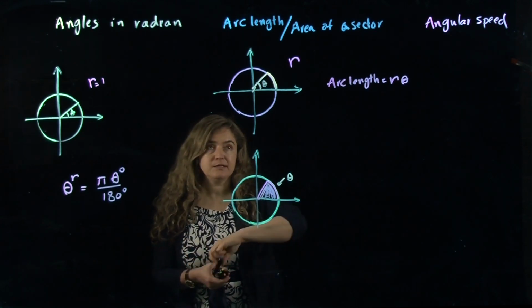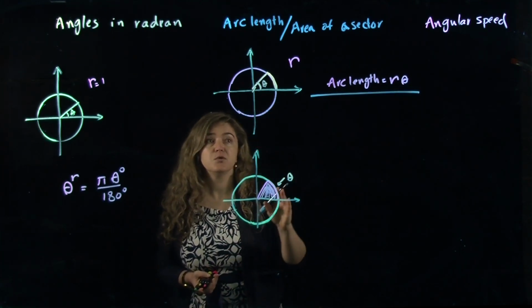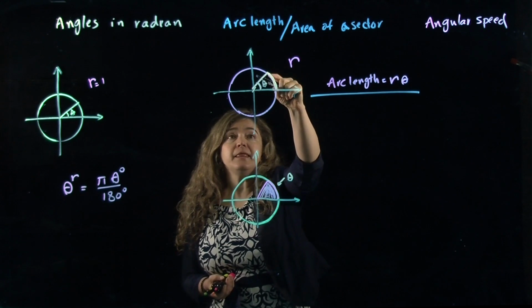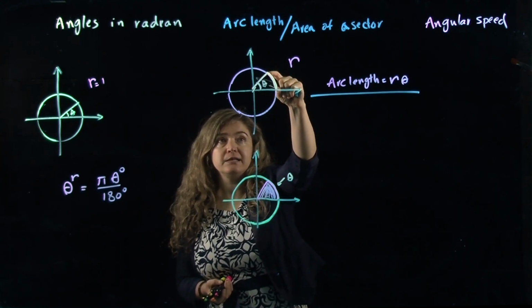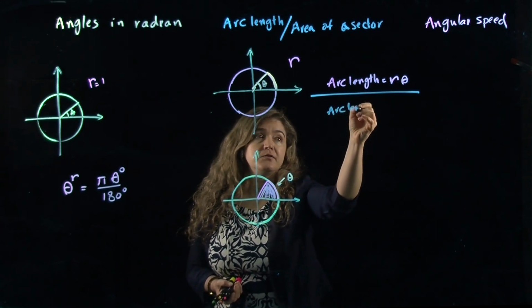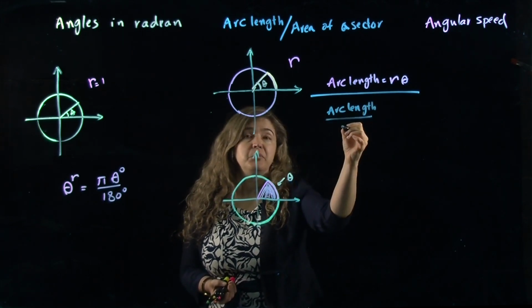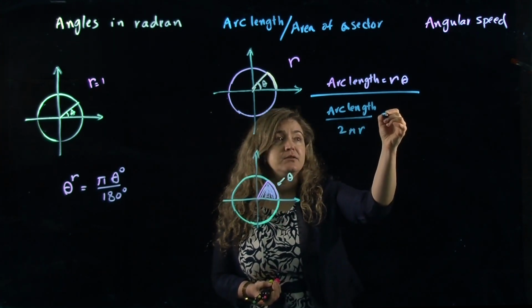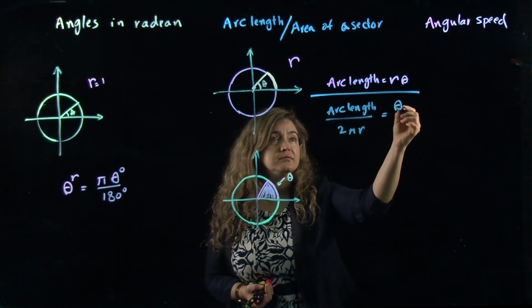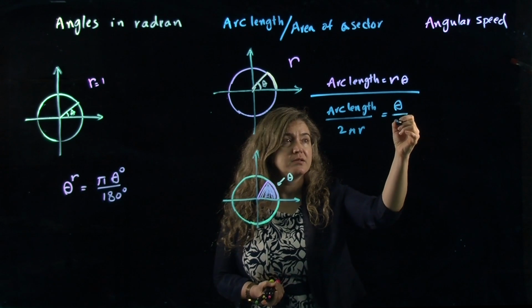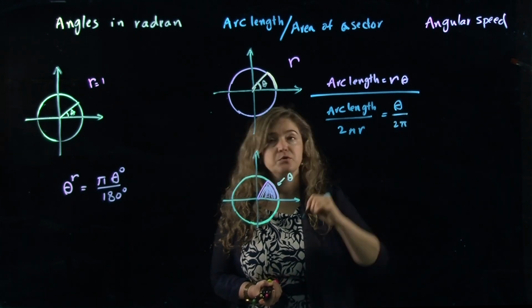The other way of discussing this, method number 2 of deriving the same formula, is that the ratio of the arc length that theta is facing, divided by the entire circumference of the circle, which we know is 2 pi r, is equal to theta divided by 2 pi.